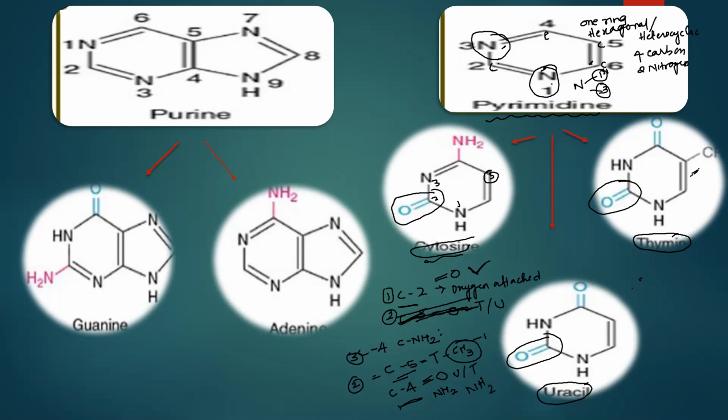Now you can just say cytosine as 2-oxy, 4-amino pyrimidine.